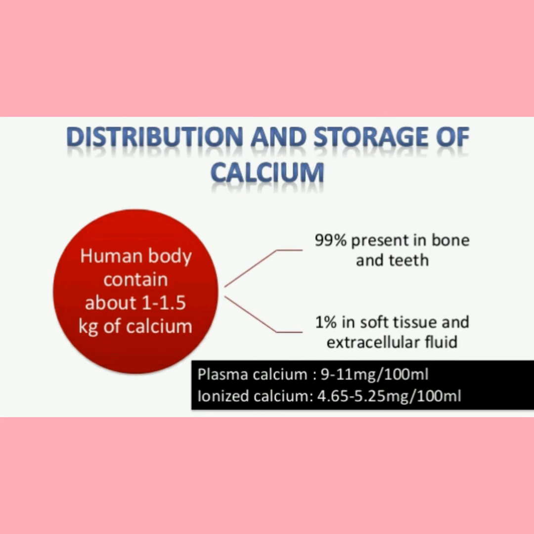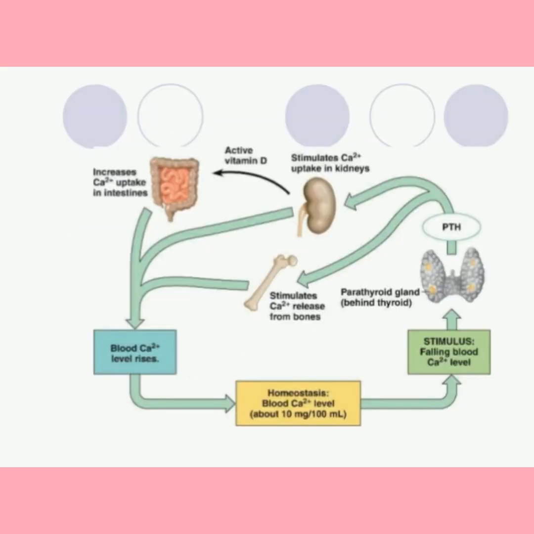Now, as we know that the regulation of the calcium level is carried out by parathormone, if this hormone is produced in excessive quantity, then what will happen? The calcium ions will be absorbed more from the bones and then added to the blood. Consequently, the bones become brittle and soft.